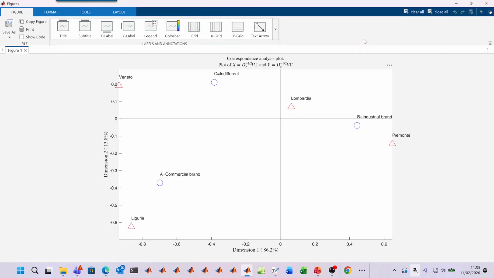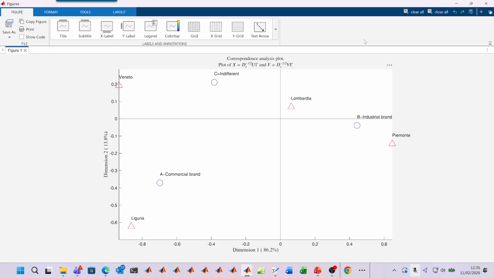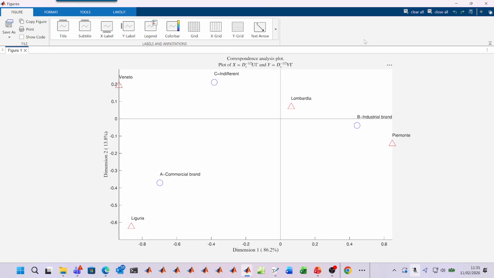Now, the interpretation is very easy. People of Liguria tend to buy mainly the commercial brand. In fact, the people of Liguria were always known in Italy to be very stingy. This is a way of saying in Italy about people from Liguria.